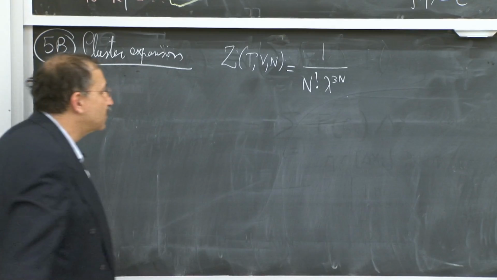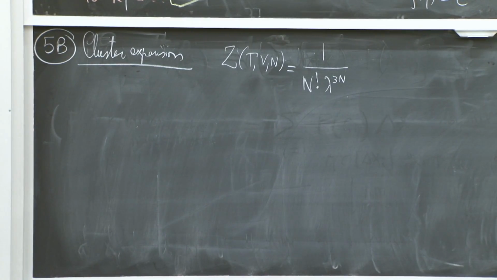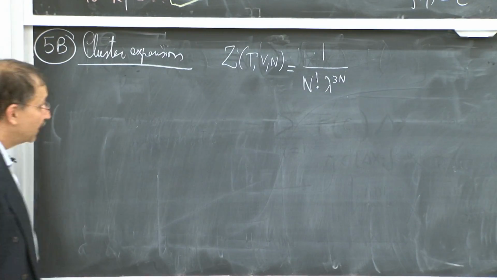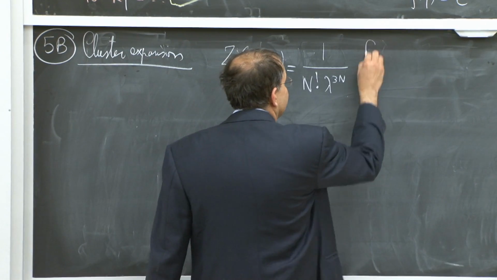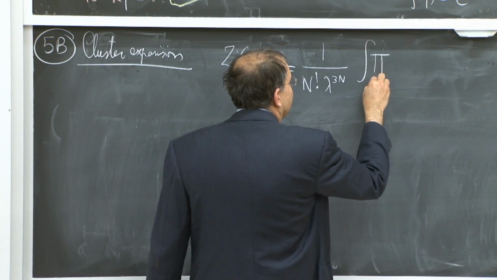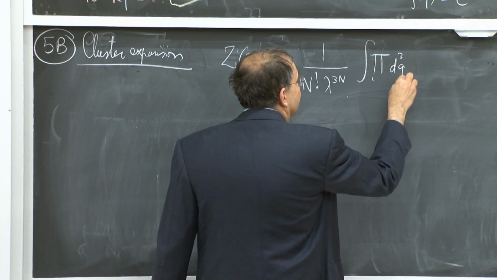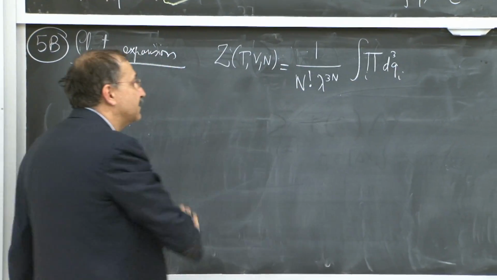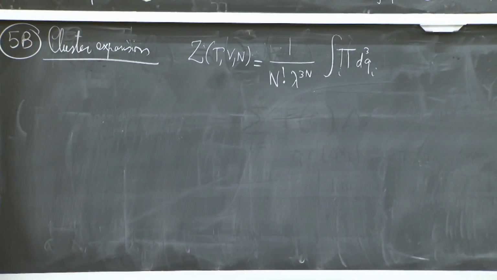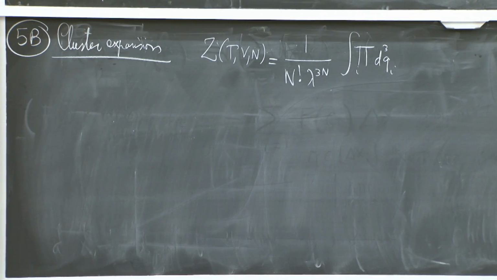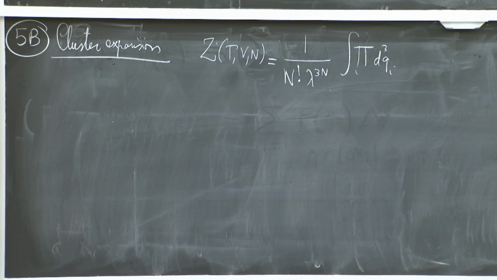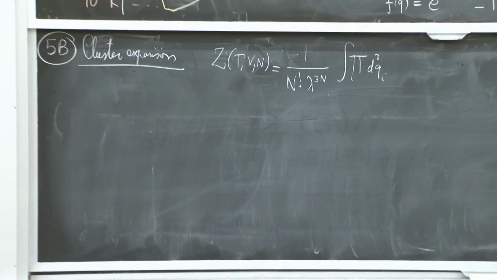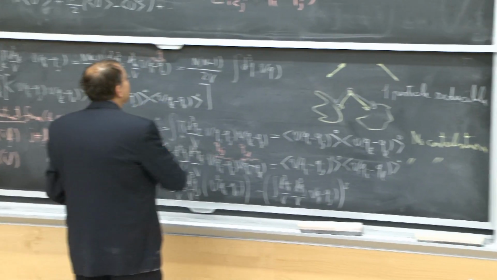This time I won't pull out the factor of v to the n at this point. And then I have the integration over all of these q's. I did not divide by v because I did not multiply by v to the n. OK. And then I have e to the minus beta u, but this is my u.